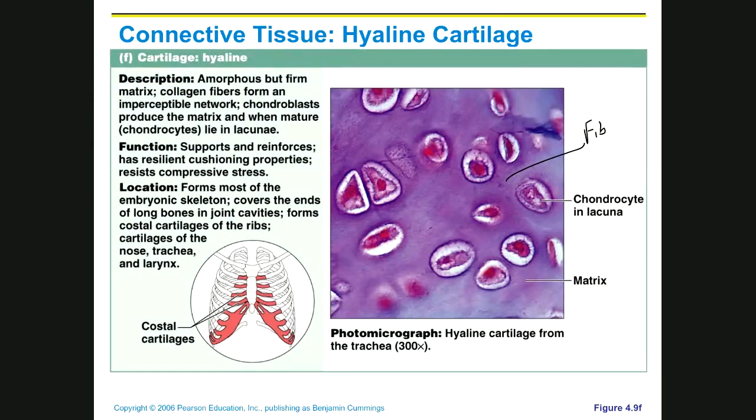They're so densely packed that there's no space between them. And because there's no space between them, you can't pick out individual fibers. So all of this is fibers. They're just so densely packed. They're like this. And you can't see an individual one. And then look, there's the lacuna right there, and there's the lacuna. And then here is the chondroblast, or the chondrocyte.